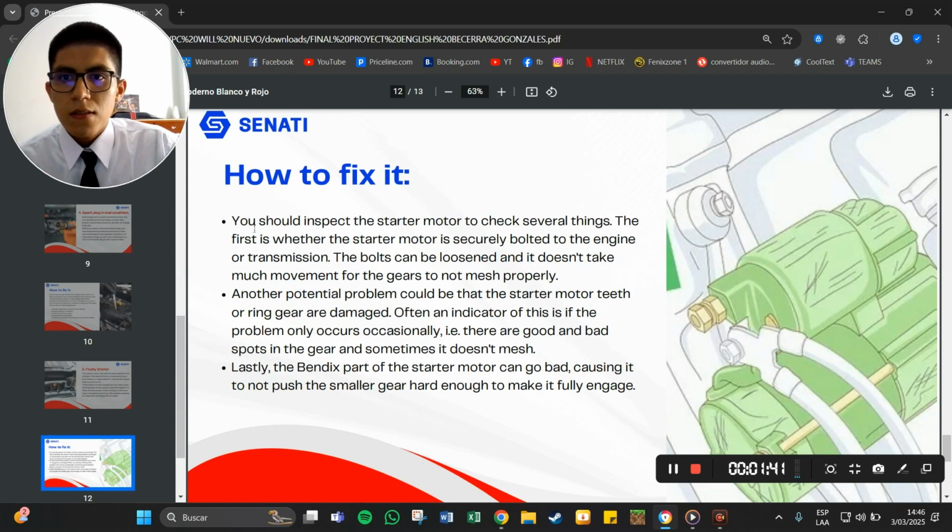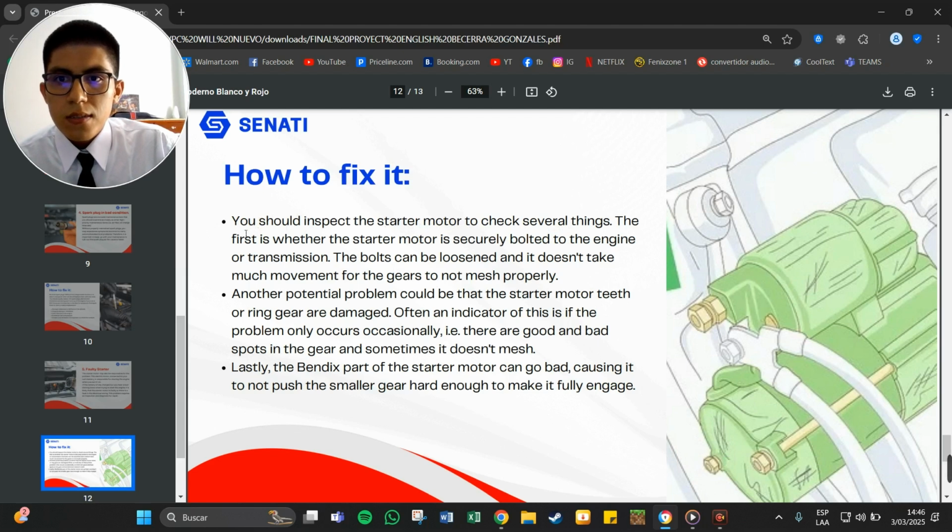How to fix? You should inspect the starter motor to check several things. The first is whether the starter motor is securely bolted to the engine or transmission. The bolts can be loosened, and it doesn't take much movement for the gears to not mesh properly.